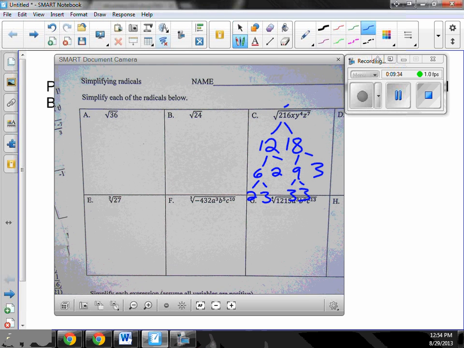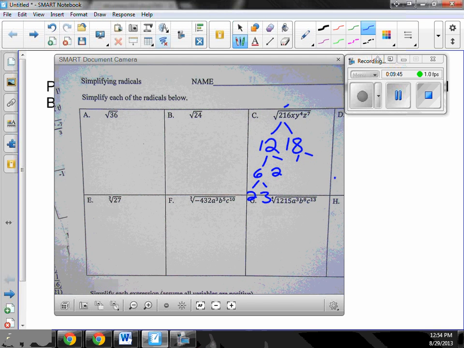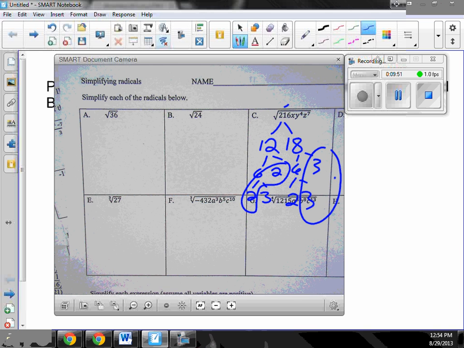I have a pair of 3s. Did I not do something right? 3 and 6. Sorry, guys. 6 and 3, 2 and 3. Okay. Pair of 3s and a pair of 2s. So what do I write on the outside?